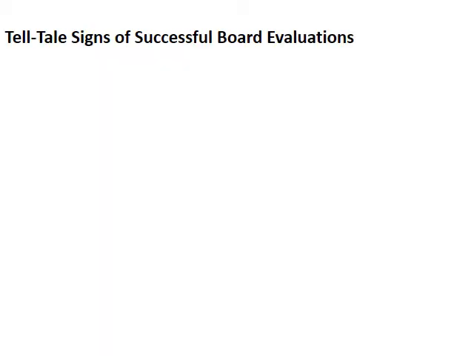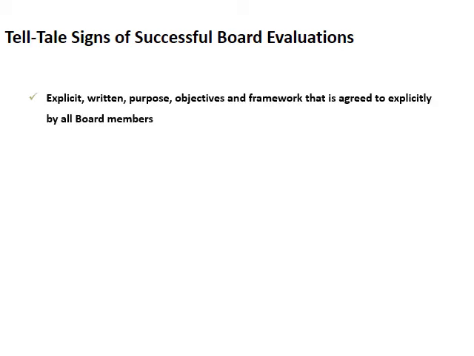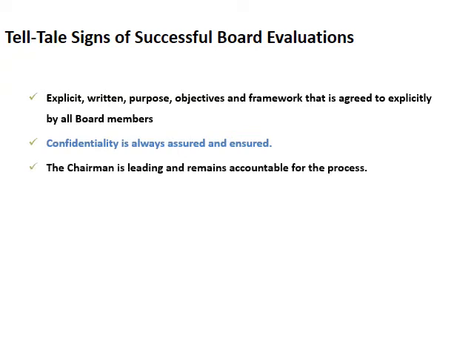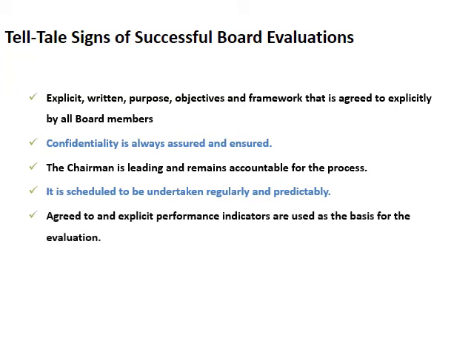Telltale signs of successful board evaluations. Explicit written purpose, objectives, and framework that is agreed to explicitly by all board members. Confidentiality is always assured and ensured. The chairman is leading and remains accountable for the process. It is scheduled to be undertaken regularly and predictably.